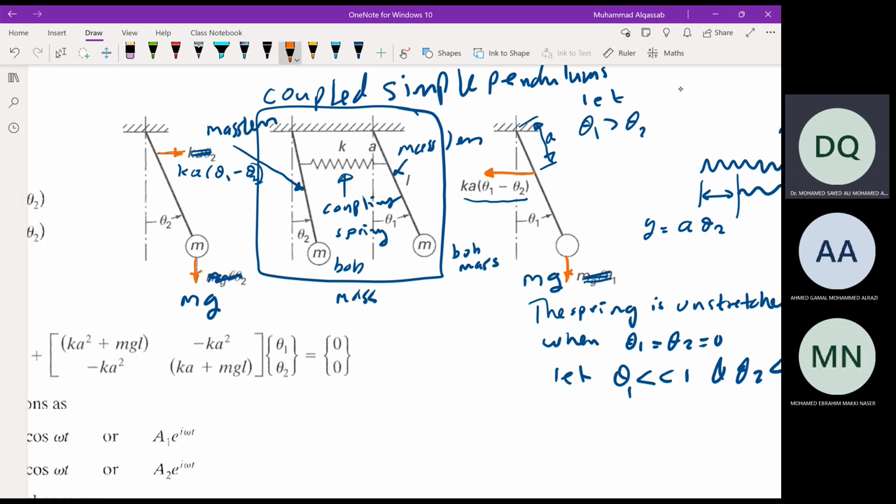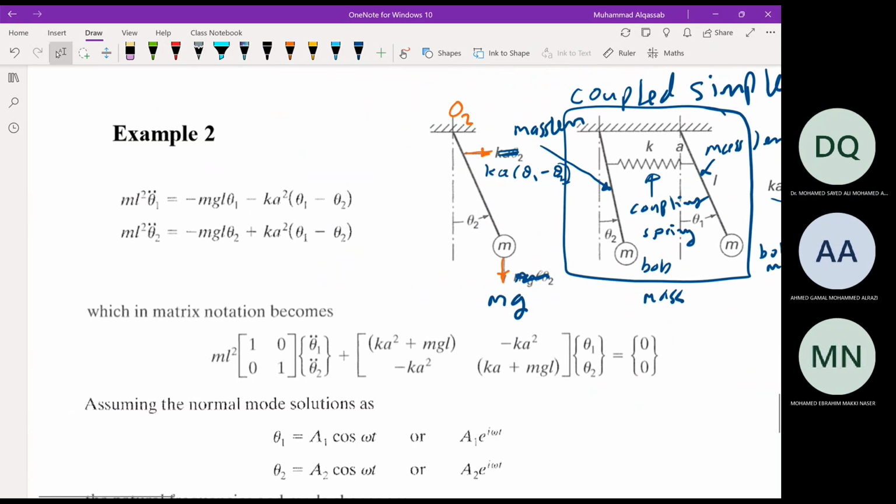Okay, this is let's say O2 and this is O1, which are the pivot points. To get the equation of motion, you take moment about the pivot point to cancel the reactions. Okay, so here we have sum of moment about O1 equal to J1, or J theta 1 double dot.